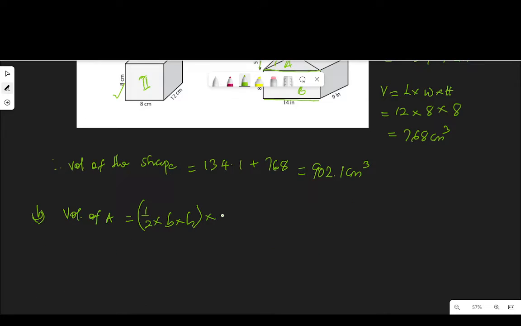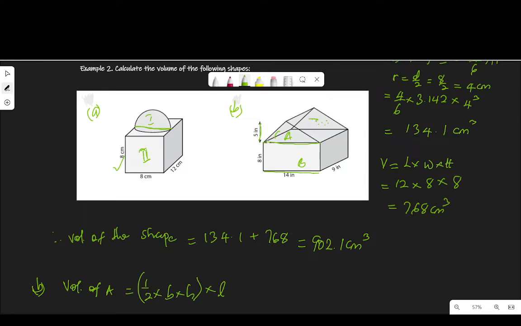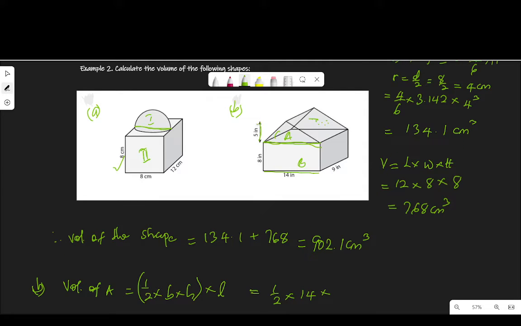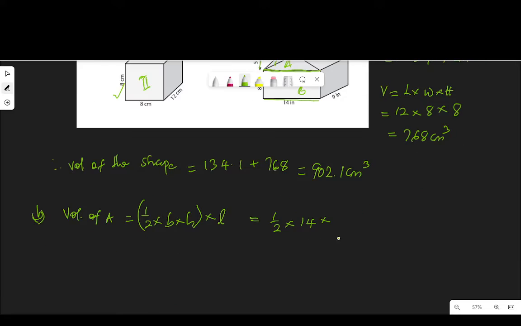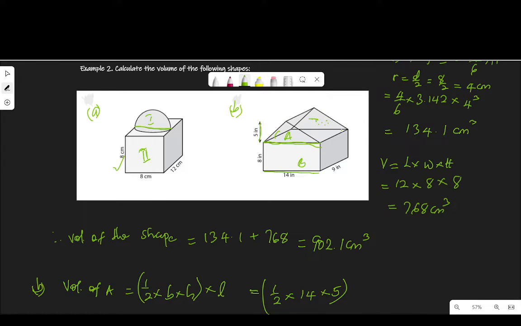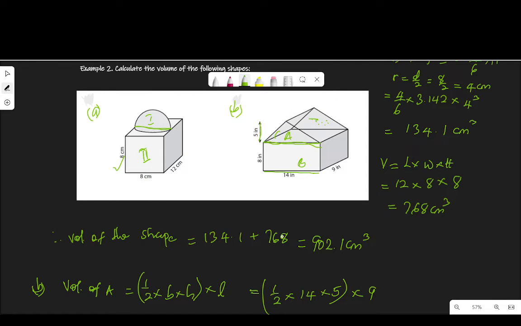So times 9. Okay, let me place it as L first, since I'm not putting the value here. And the base of the triangle, as I stated earlier, is right here, which is 14 inches. That will have 1/2 times 14 times the height of the triangle, which is indicated with arrow there, 5. That is area of this cross section multiplied by the length or the height of the prism, which is 9 inches, multiplied by 9.